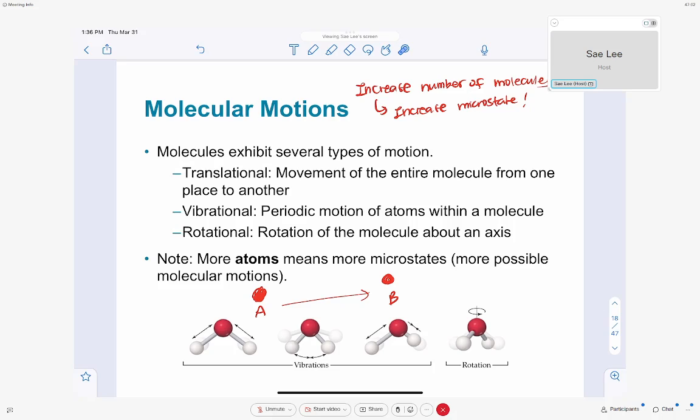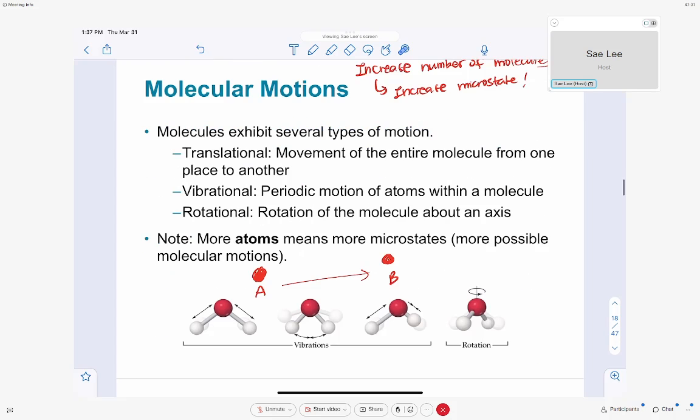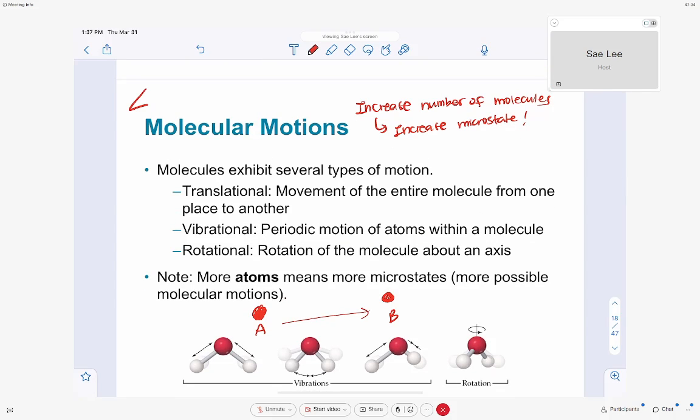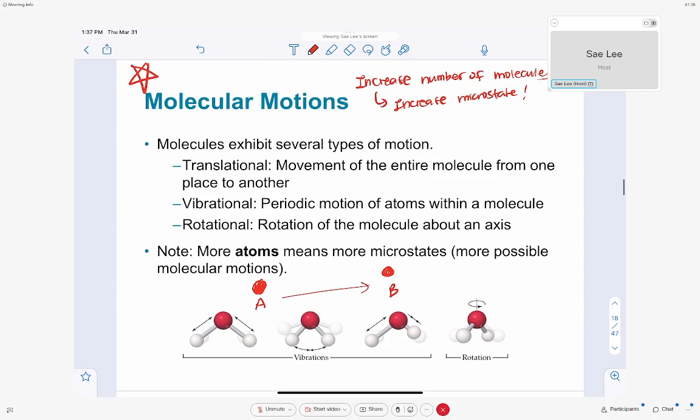That motion is called vibrational motion. The third type of motion the molecule can have is rotational motion. Rotational motion is a rotation of the molecule about its own axis. This is spinning about its own axis. This will be a very good exam question.